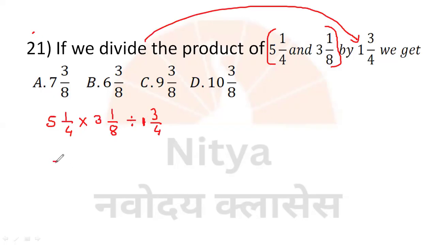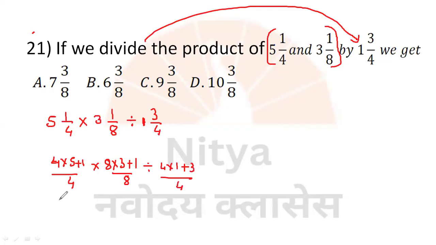We first convert these into improper fractions. 4 times 5 plus 1 over 4, and 8 times 3 plus 1 over 8, and for this one, 4 times 1 plus 3 over 4.